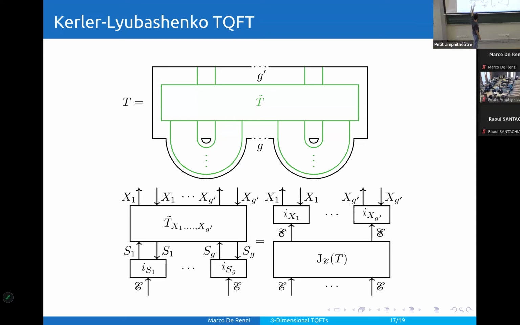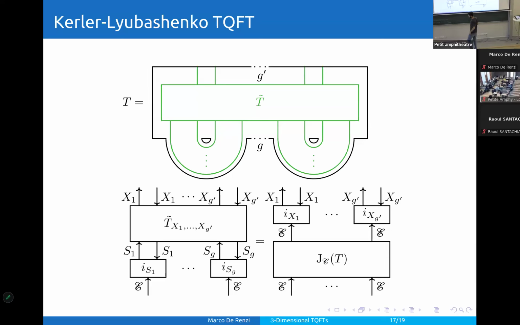And to make this more precise, you can think about orienting every edge in my top tangle T counterclockwise. So you start from one endpoint on the top, and you orient counterclockwise from right to left.